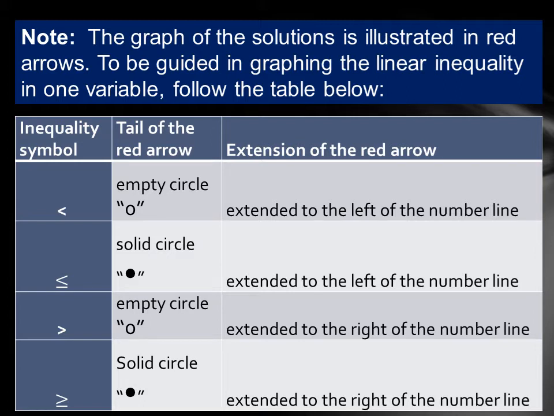If it is greater than, use an empty circle extended to the right. If it is greater than or equal to, extend to the right with a solid circle. Now you can differentiate greater than or equal to from less than or equal to.